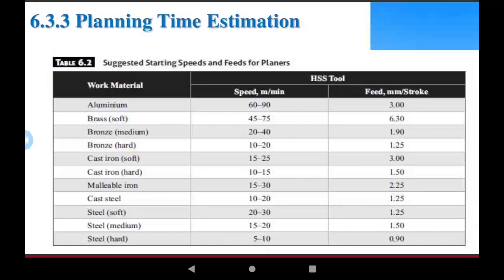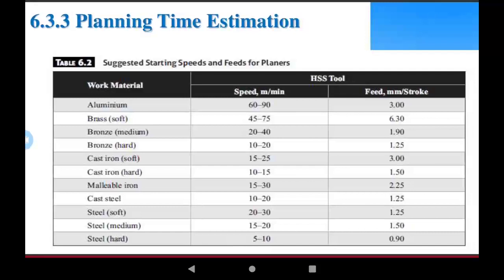As in the last lecture, some tables are used for the feed rate and cutting speed of different materials. The feed rate per stroke differs for different materials, and we select the feed rate accordingly. For example, aluminum, alumina, ceramic materials. These materials are the starting point for the manufacturing operation on planing machines.